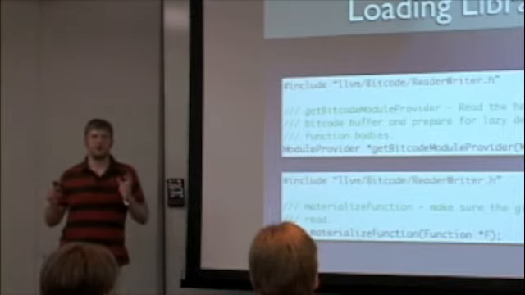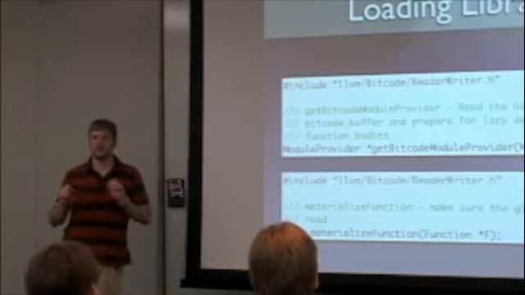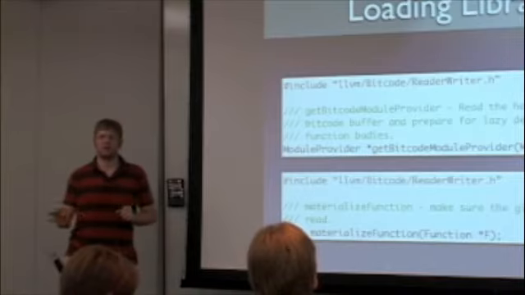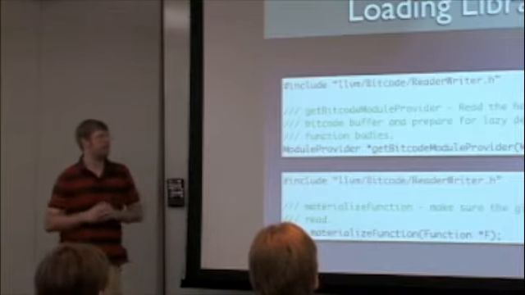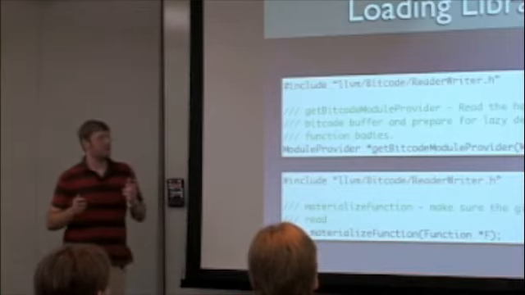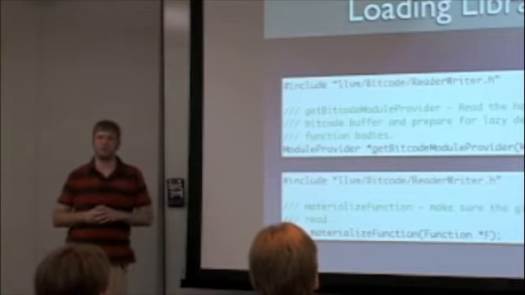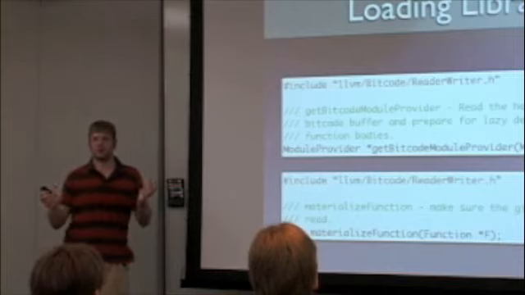The only thing we've done is we've gone onto disk, we've looked at that bitcode file, we've read out the table of contents, but we haven't actually gone and turned any of the functions in that module into in-memory IR. So this is important because you probably don't want all 14,000 functions in libc instantiated. You're probably only going to use like 2.